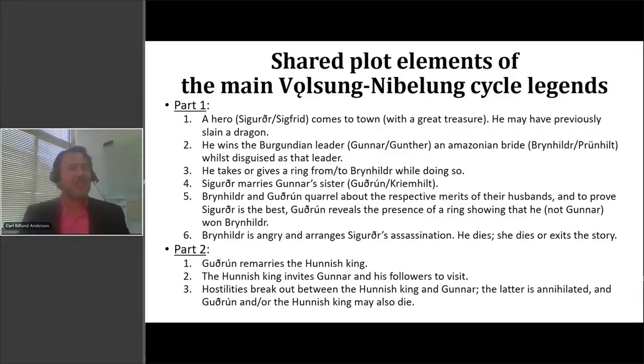Sigurd achieves this, but the circumstances, and even the question of whether the hero Sigurd may or may not have met or indeed been involved with Brynhilde at some point before winning her for Gunnar, is handled differently in the different versions of the legends. Also, though the details again vary in different versions, Sigurd acquires from and or gives to Brynhilde a ring in the process of winning her for Gunnar.